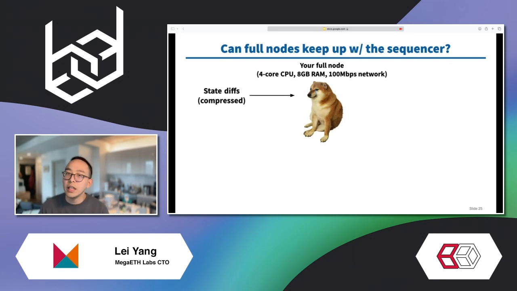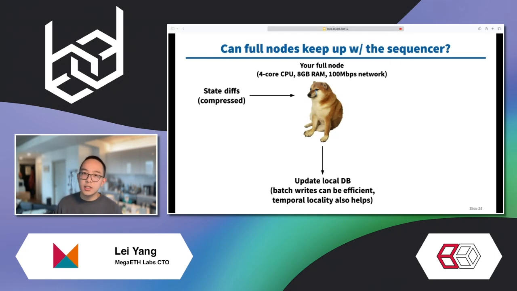First of all, layer 2 full nodes can rely on external proofs like ZK and optimistic proofs to check the correctness of state transitions. So they don't have to execute all the transactions like sequencers do. They can just download the state diffs from the sequencers. And another nice thing is that state diffs can be highly compressed, so it does not stress the precious network bandwidth.